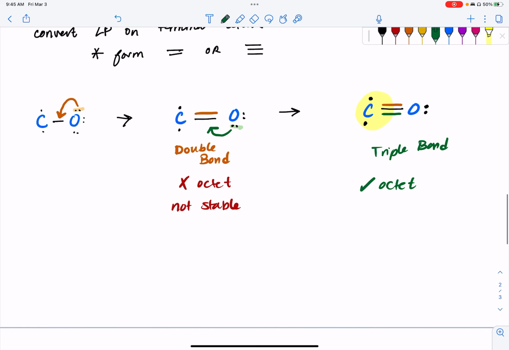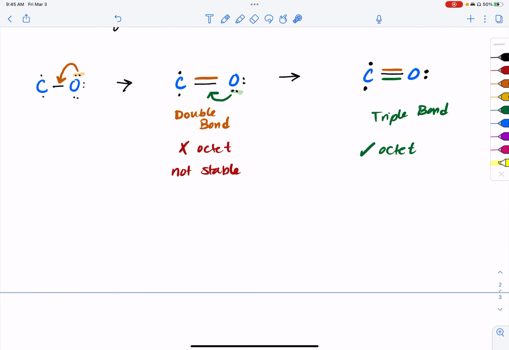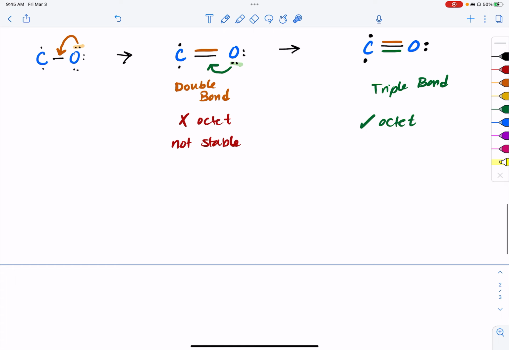And a quick note, even though we have done a really good job of obeying Hund's rule here, placing our electrons as far away from one another as possible, right? Kind of in recognition of the fact that we always fill orbitals with single electrons before we double back and spin pair them. By convention, when we draw our Lewis dot structures, we recognize that a paired electron group, a lone pair, is more stable than a single electron group.